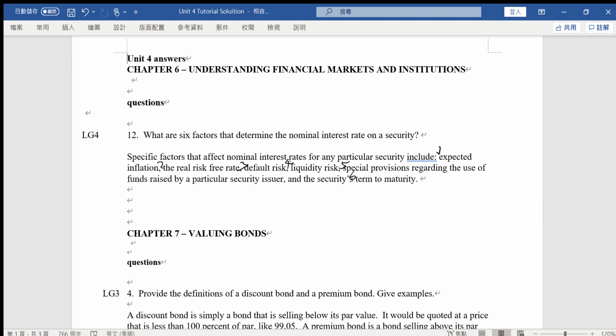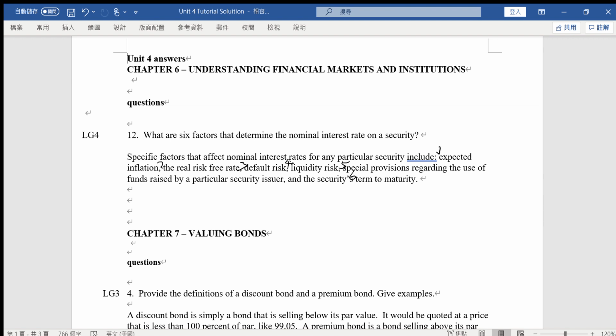And for the fifth one, the special provisions, it really depends on the kind of provision. For example, taxability, whether the dividend is taxable or not. If it is taxable, then simply, you should provide a higher nominal interest rate on the security in order to compensate for the tax issue.